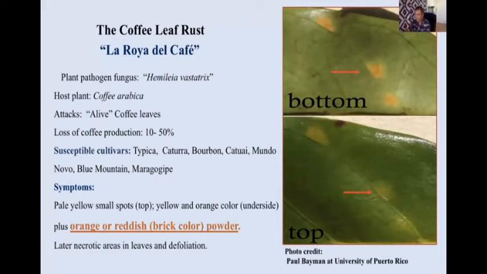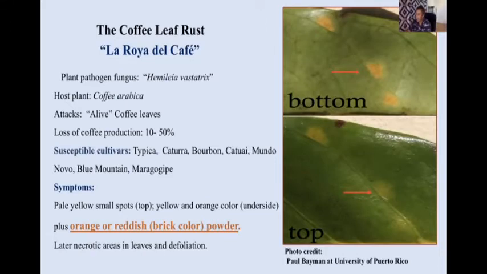So this is important to know. Coffee production loss could be between 10-50%, in some cases higher than 50%. And here we have the coffee plant material that is susceptible to this disease, starting with Typica, Caturra, and others that we already have here in Hawaii.